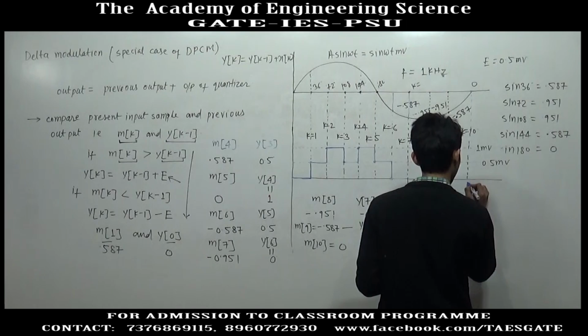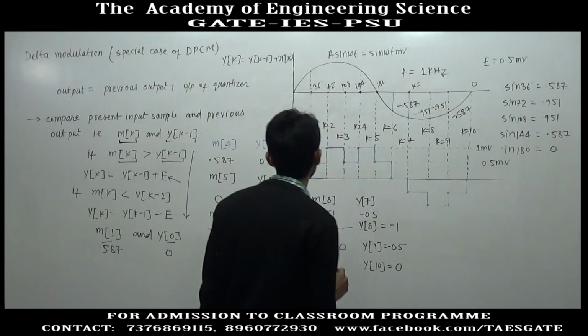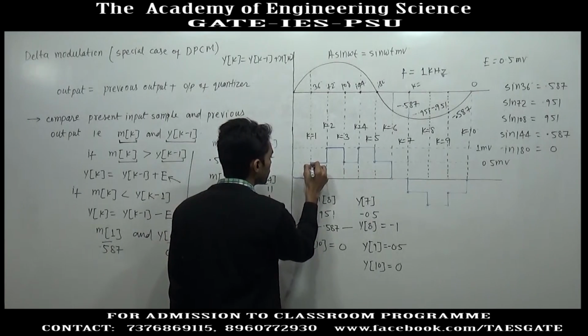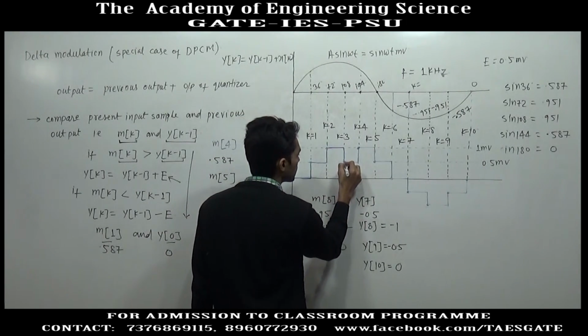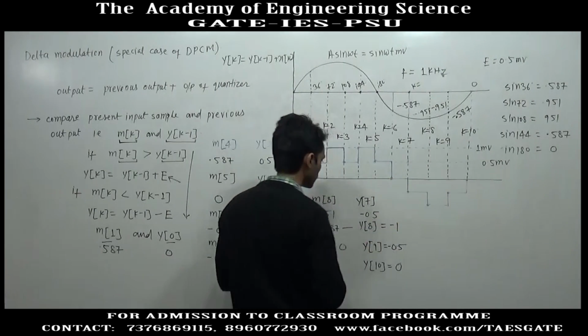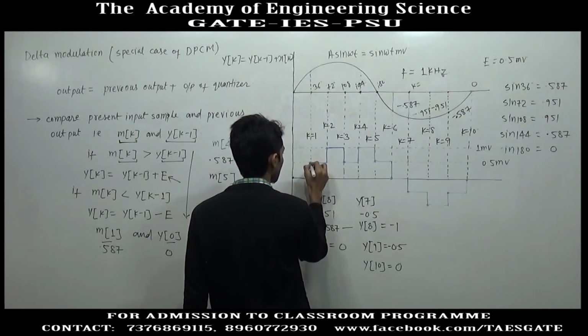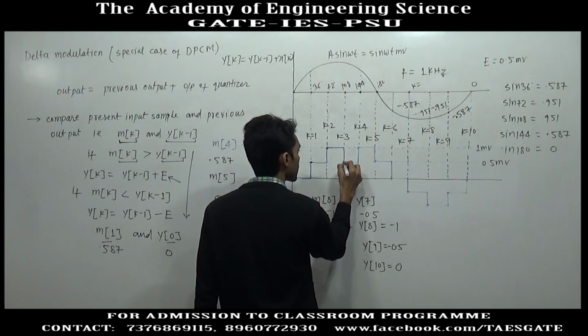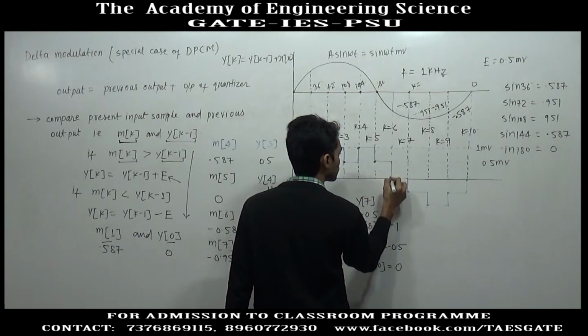So at this point we will have output equal to 0. So these are the outputs obtained by the delta modulator.